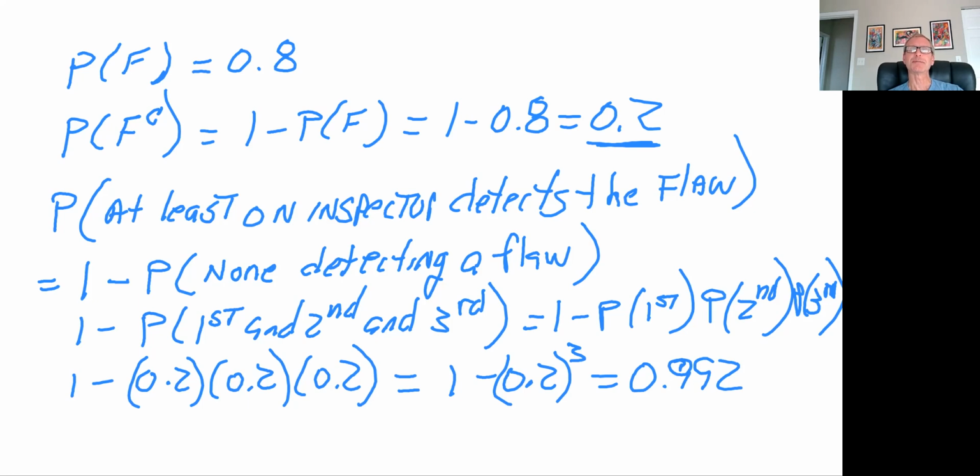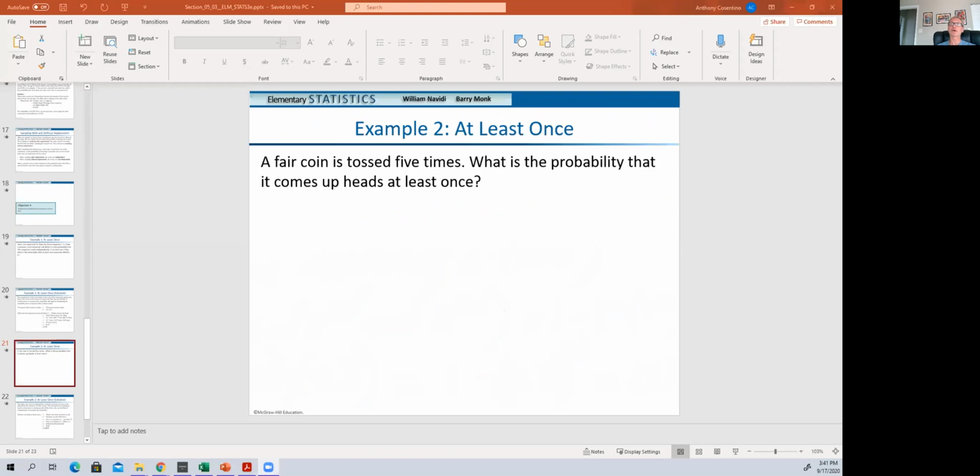This one is this idea of using a coin now. So this one is more of what I would consider theoretical probabilities. And here a fair coin is tossed 5 times. What is the probability that it comes up heads at least once? So when you do this calculation, again, this at least once is the idea of having a 1 minus no heads.